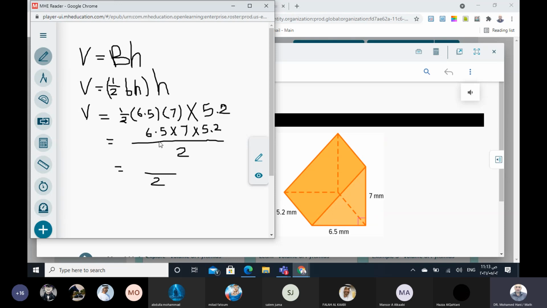So we have 6.5 times 7 times 5.2. The answer will be 236.6, divided by 2. So the answer will be 118.3. Who can tell me what is the unit here?